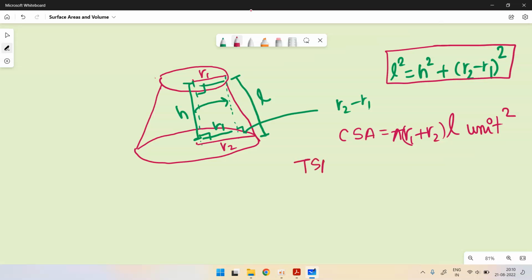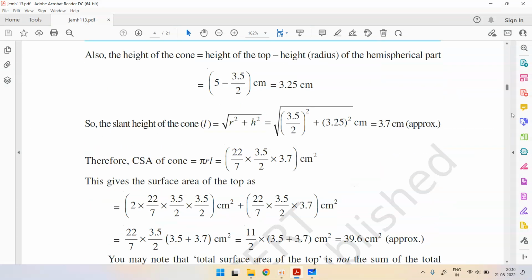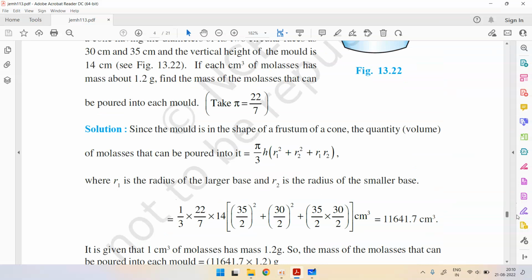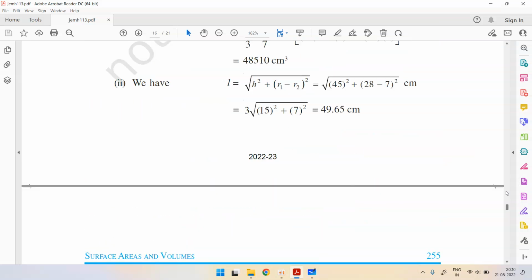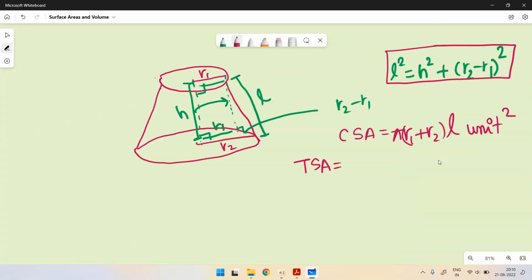Total surface area will be curved surface area plus some other area.